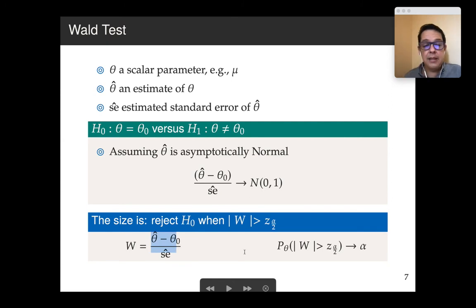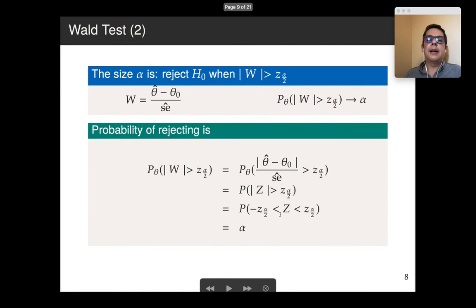What is missing is to know if the size of this test is alpha, which is the significance level. So we want to test if the probability of this statistic being greater than zeta turns out to be alpha. We can follow the definition of the probability of rejecting; we only need to make some substitutions.